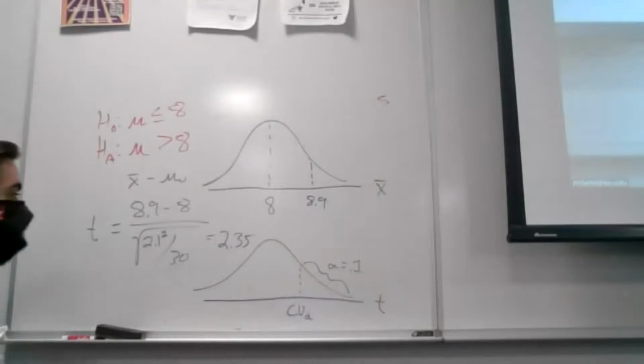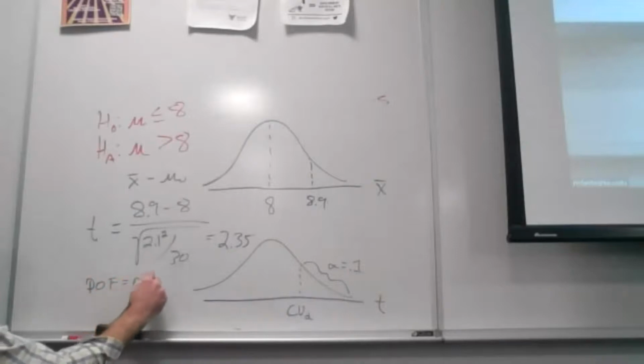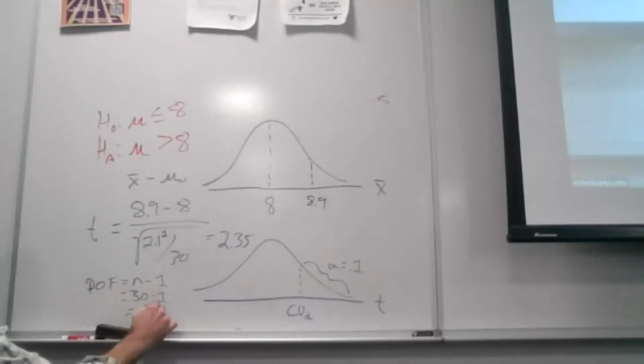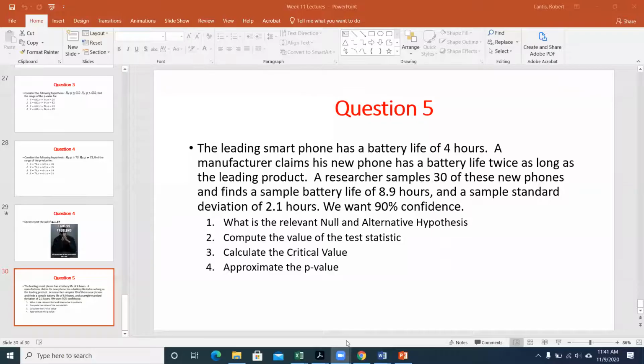What would be my degrees of freedom here? Degrees of freedom is simply n minus 1, so 30 minus 1 or 29. So it happens to be the same as the problem we were working at earlier, but that's okay. Our degrees of freedom is what it is. So we'll go to that student T table.